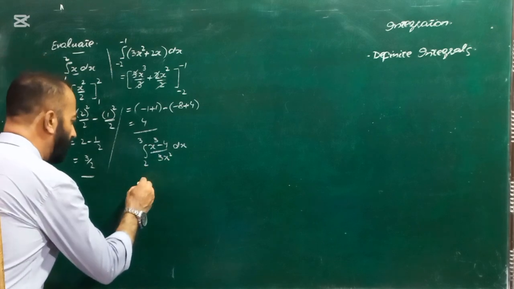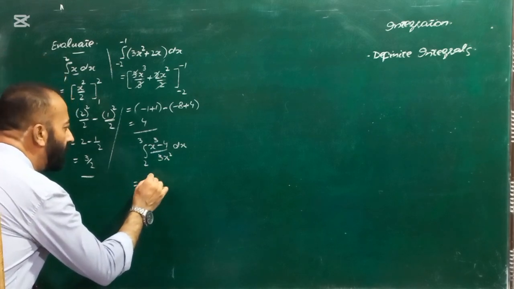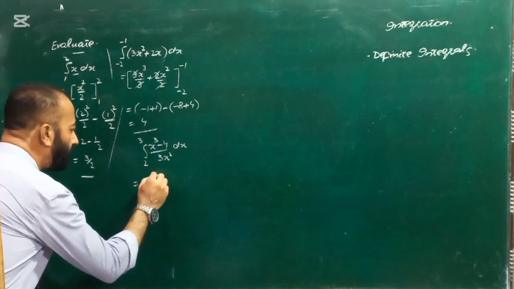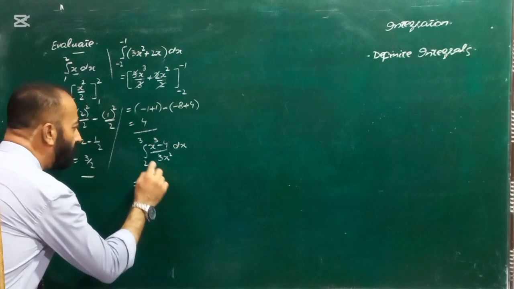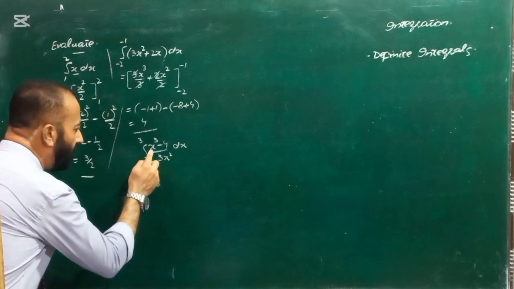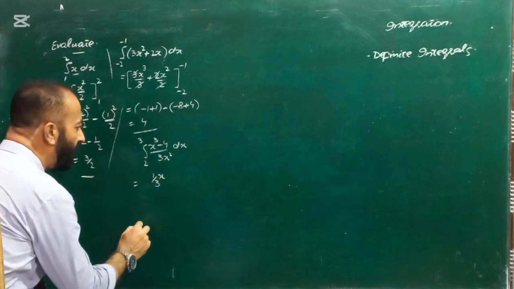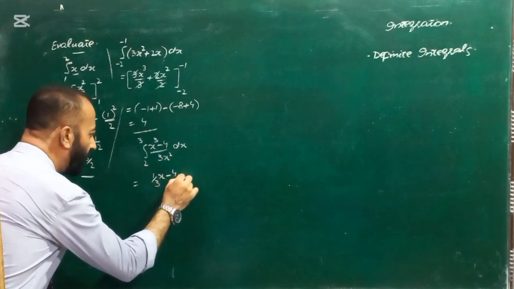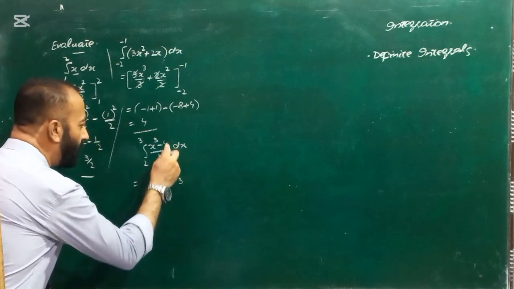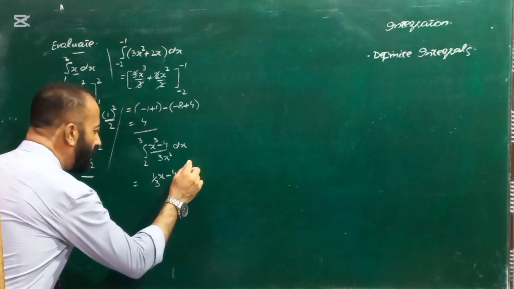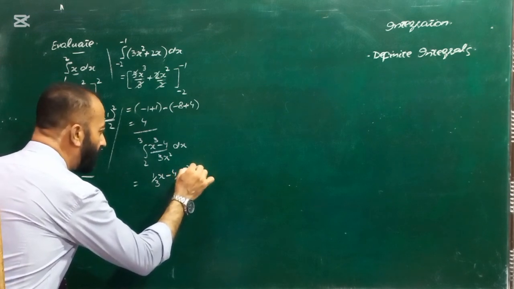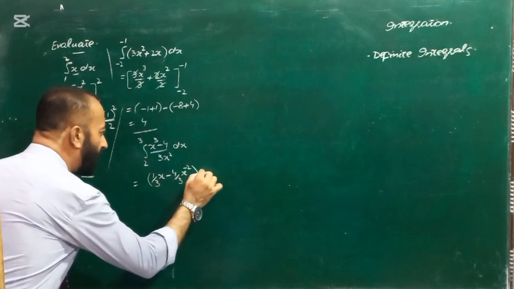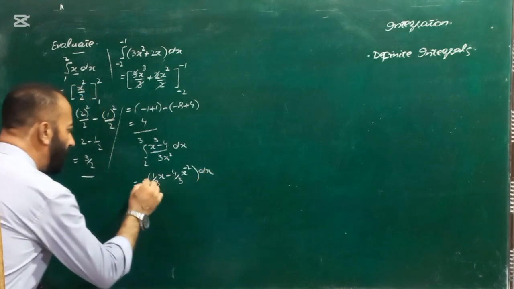First, we will reshape the question. It will become 1 by 3. Look now, 1 by 3 is there. X square will be cancelled, so x will be remaining here. And with it, minus 4 by 3, and this x square will go in the numerator, so it will be x raised to the power minus 2. So we have transformed the question into this shape.